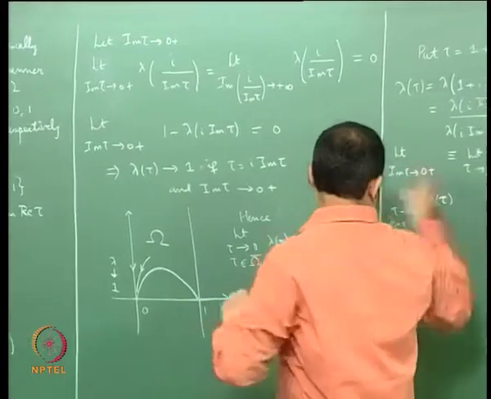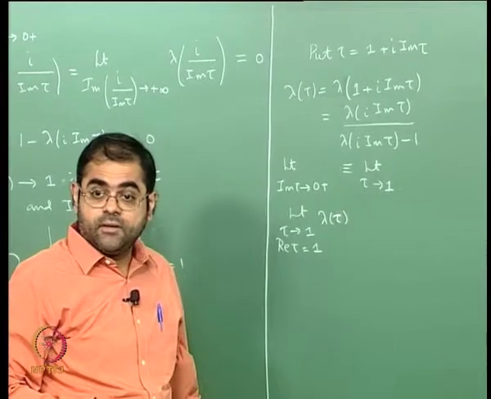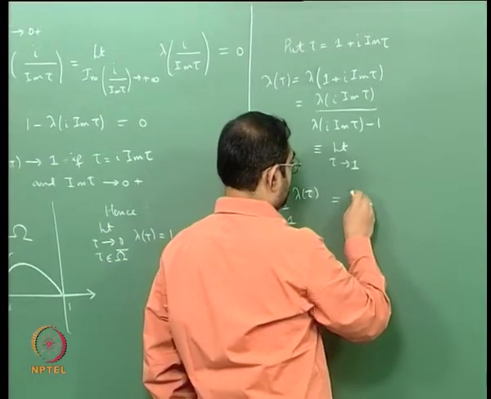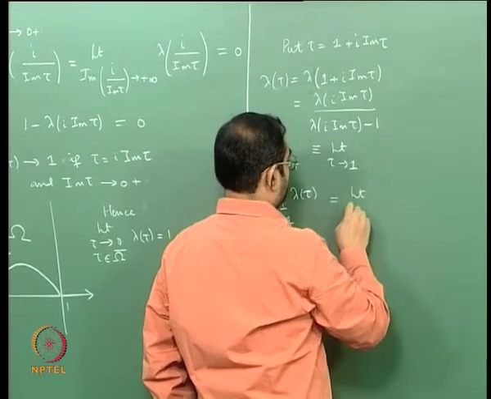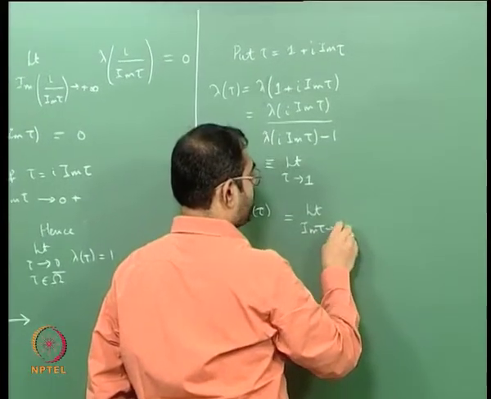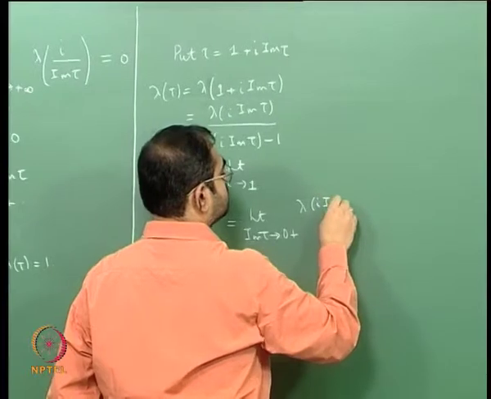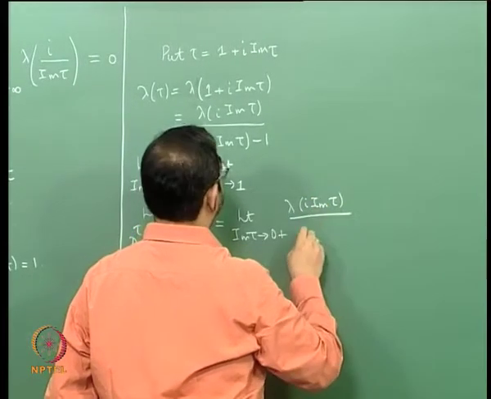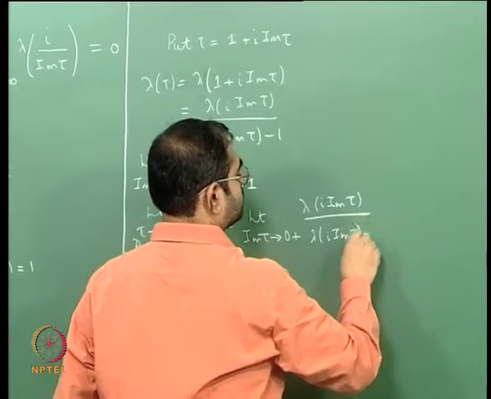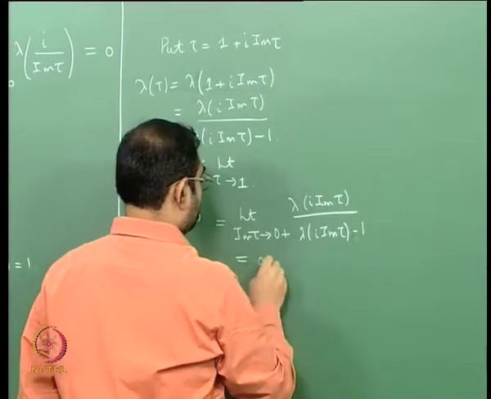Alright, therefore the numerator approaches 1, the denominator approaches 0, therefore this tends to infinity. So this will be the limit, as the imaginary part of tau tends to 0 plus, of this quantity, and that will be infinity.